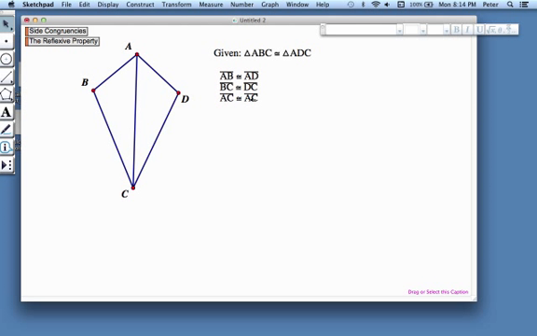So, believe it or not, we would say that AC is congruent to AC, and we'd use the reflexive property. The reflexive property means that any segment or angle is congruent to itself. Now, I know that's very obvious, but believe it or not, it is something that you'll be making note of as you work your proofs in this chapter.